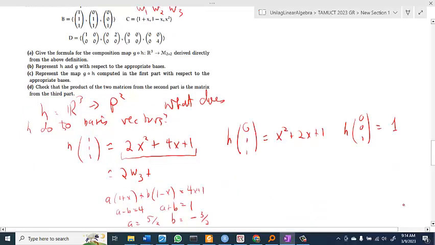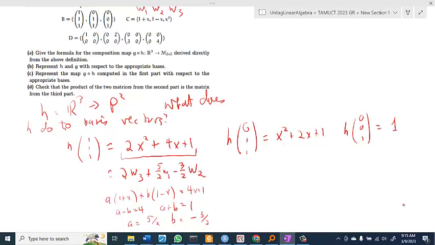To get the coefficients, you have to solve this algebraic expression, because these are the two basis elements, 1 plus x and 1 minus x. And this linear combination must be equal to 4x plus 1. And you solve it, you get a equals 5 halves, b equals minus 3 halves. So this becomes 5 halves times W1 minus 3 halves W2.